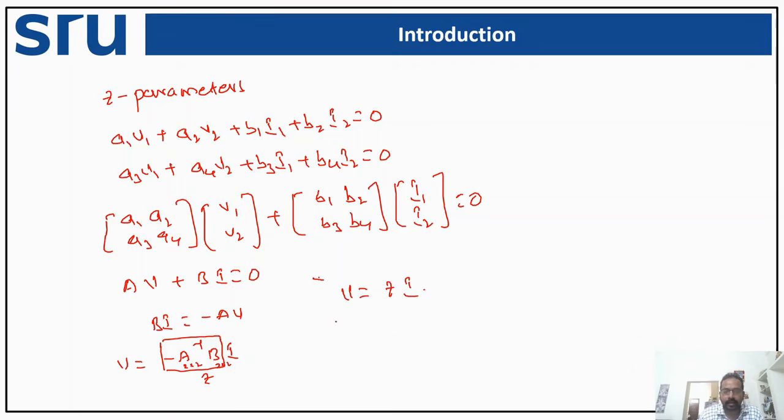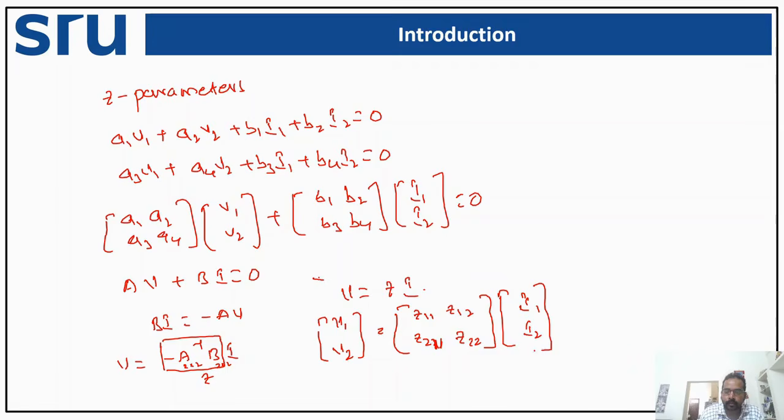If we expand it, this will be [V1 V2] equal to [Z11 Z12; Z21 Z22] into [I1 I2]. Expanding this, we get the Z parameter equations: V1 equal to Z11 I1 plus Z12 I2, and V2 equal to Z21 I1 plus Z22 I2.